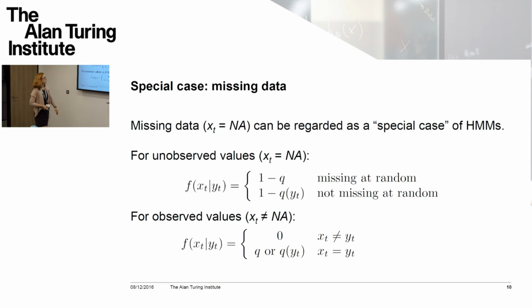So it's a nice simple representation of missing at random and missing not at random. Similarly for observed data, we typically can only observe the true value, with the same sort of probability idea. So missing data is just a special case of a hidden process model, where you may have some values observed and some unobserved.